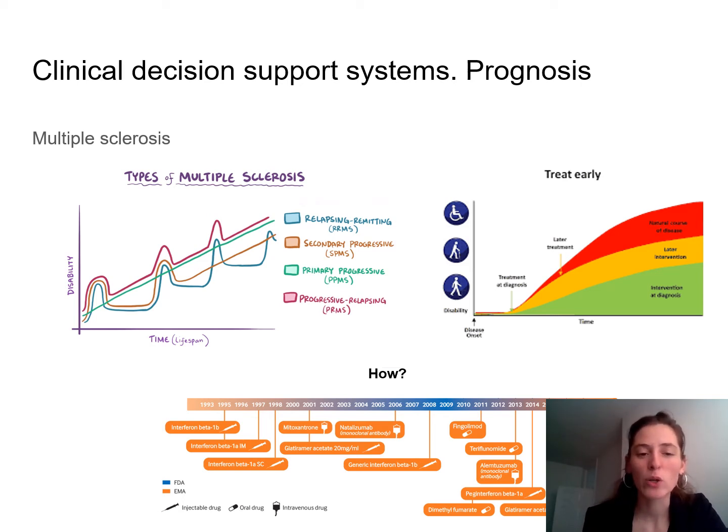So if we could compare the clinical trajectory, the clinical records of patients that have a more aggressive clinical course, and see how similar this is to a particular patient in whom we have to make this decision, that would help us to choose a more aggressive therapy early in the disease instead of another kind of therapy.